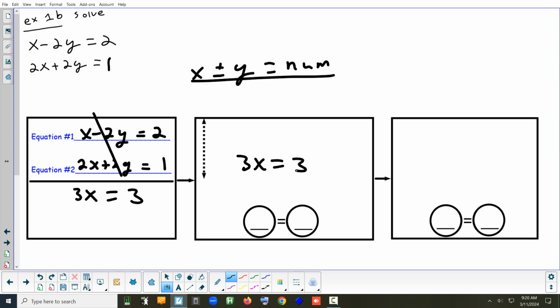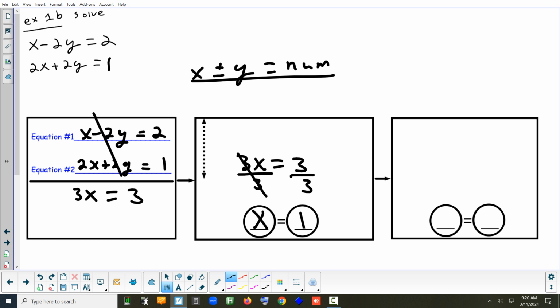What are you solving for? x. And you're going to divide. What do we divide both sides by? 3. Divide by 3, so the 3's on the left cancel. And what do you get on the right for x? You get 1.